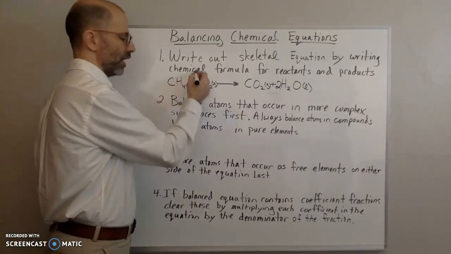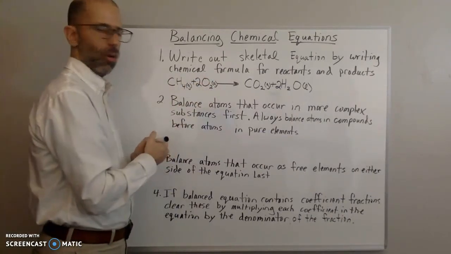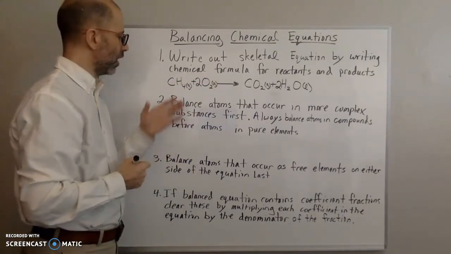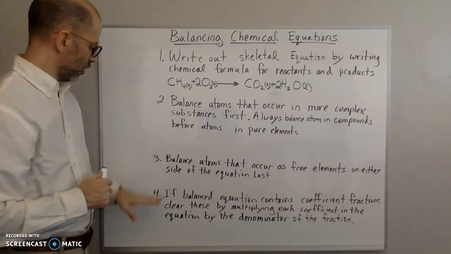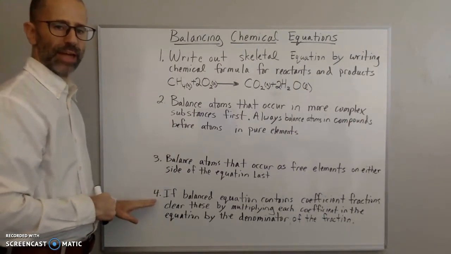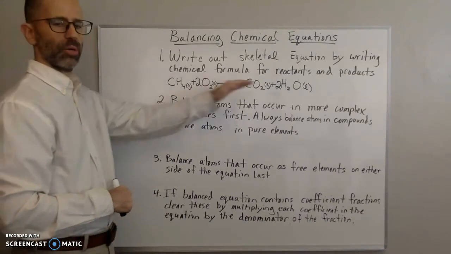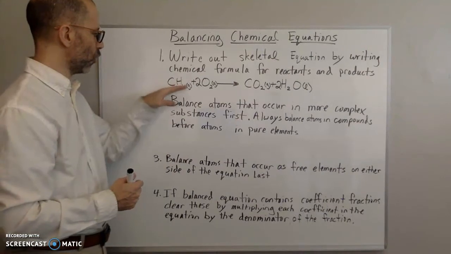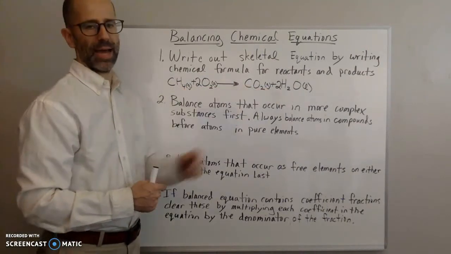Sometimes you need to put like 1/2 or 2/3 or something like that. In that case, you need to get rid of that fraction by multiplying the whole equation by the denominator of that fraction. So all the coefficients would be multiplied by that denominator.